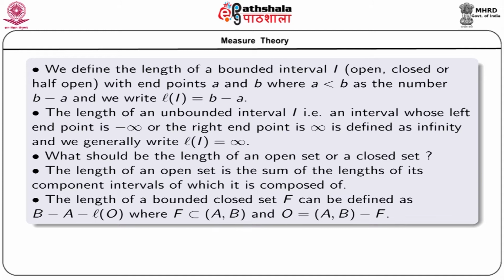So, if I consider a bounded closed set capital F, where capital F is a subset of open interval capital A capital B, we can define the length of F as B minus A minus length of O, where O is the open set capital A B minus F. See that O is an open set, so we already know its length.